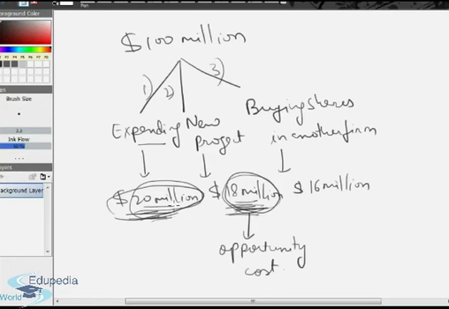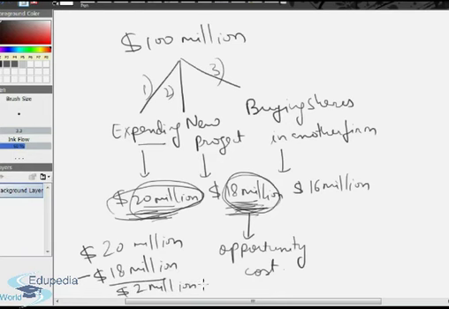The difference between the best alternative use of resources and the opportunity cost, that is $20 million minus $18 million, is equal to $2 million, which is my economic profit or economic gain.